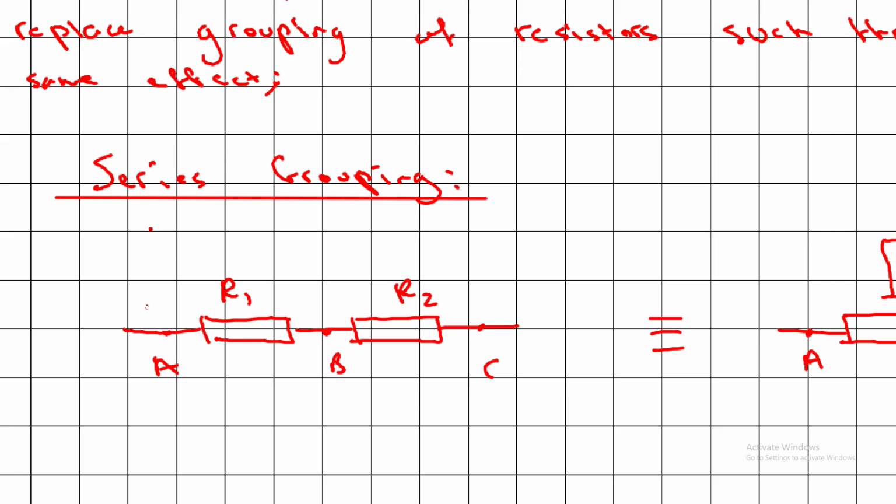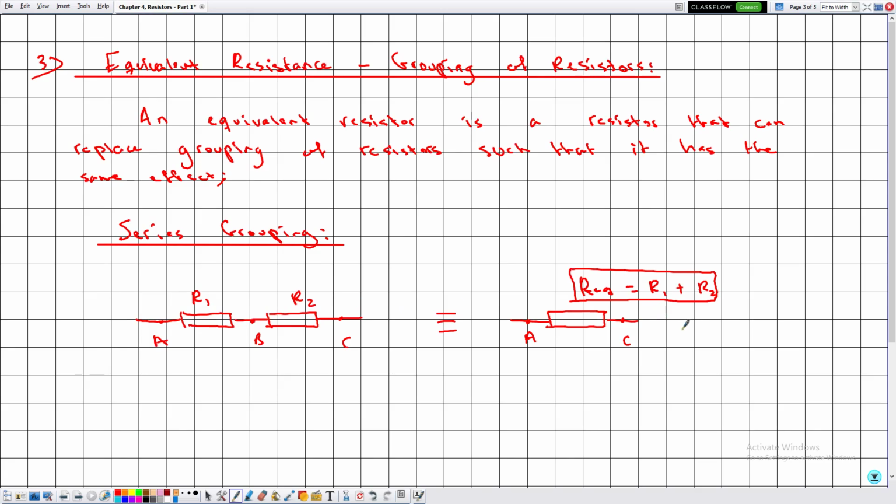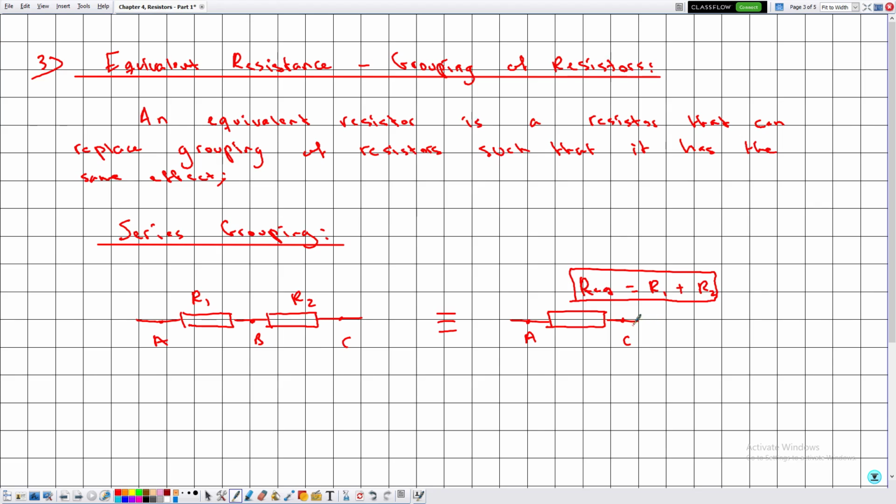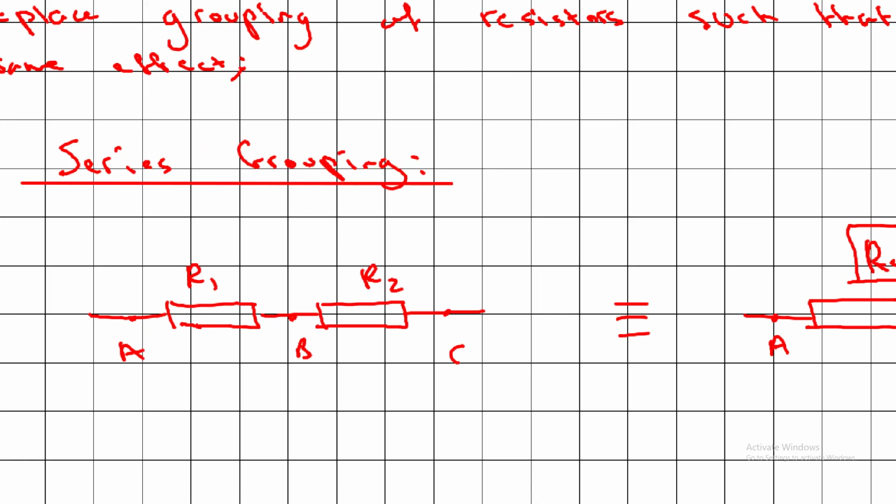If we have the same voltage UAC, then this branch will be traversed by current I. Now the equivalent resistance means that if we apply the same voltage UAC, then it will be traversed by a current I. But what is interesting is that the value of this current will be equal to the value of this current.